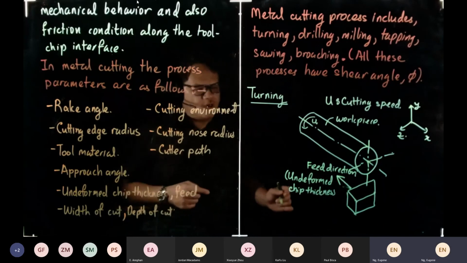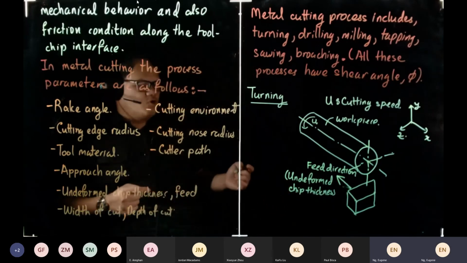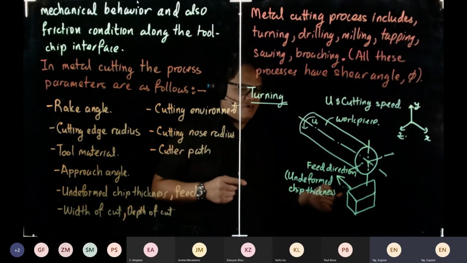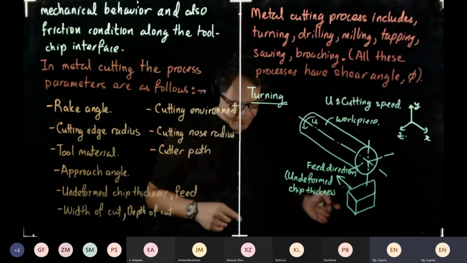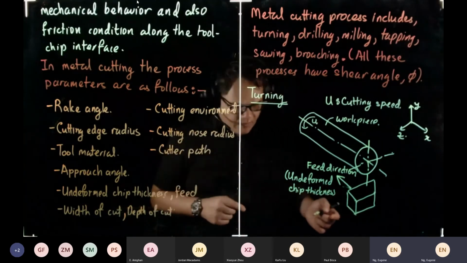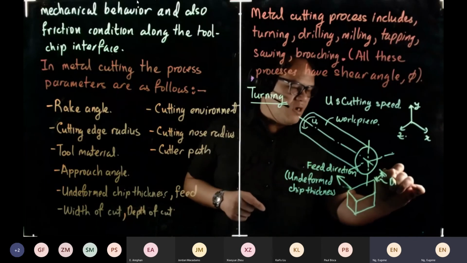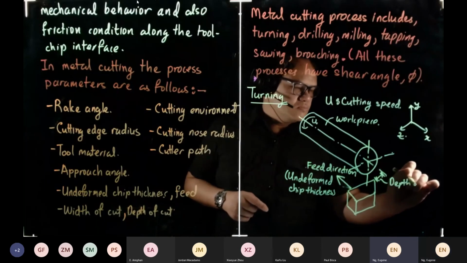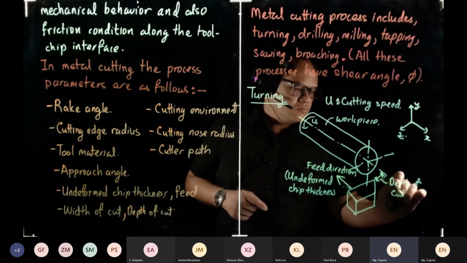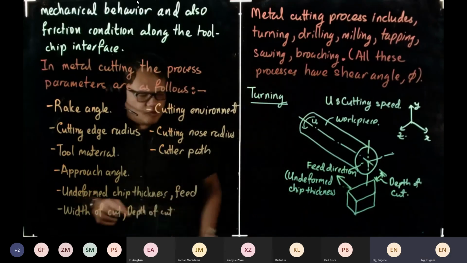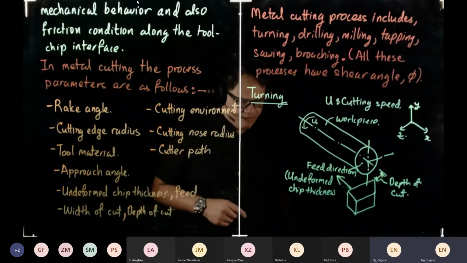The tool is moving in a linear motion, and the workpiece is rotating. The distance from here to here, the distance that the tool moves, is known as our depth of cut, which you can see down here is also known as our width of cut.